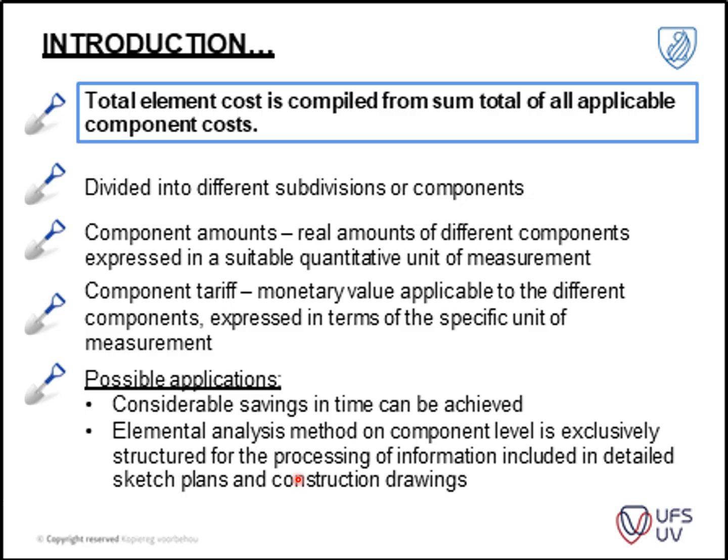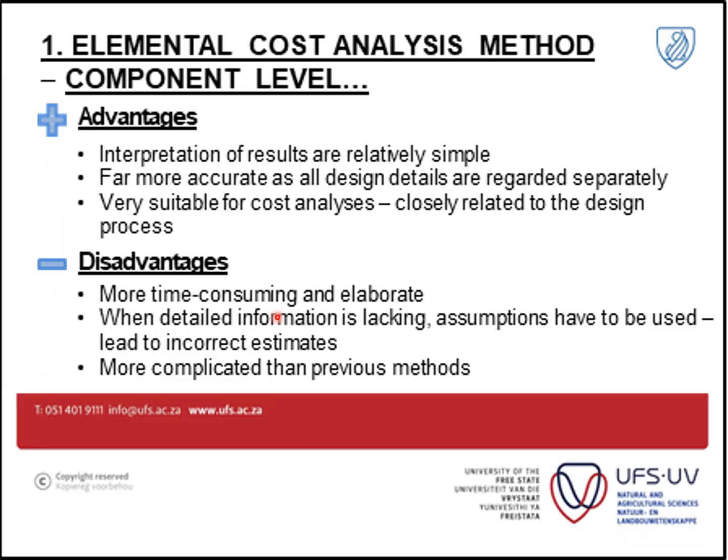The elemental analysis method on component level is exclusively structured for processing information included in detailed sketch plans. So obviously you need a lot of detail to do an elemental estimate at component level.